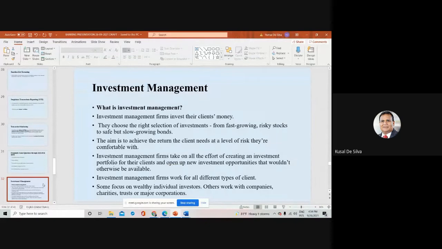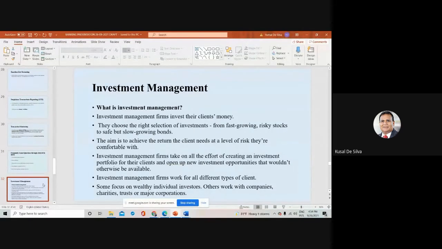That is obvious. They choose the right selection of investment, from fast-growing risky stocks to safe but slow-growing bonds. So the investment manager's role is to identify the client's expectation and requirement, and cater to that.